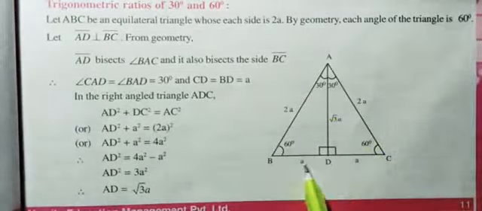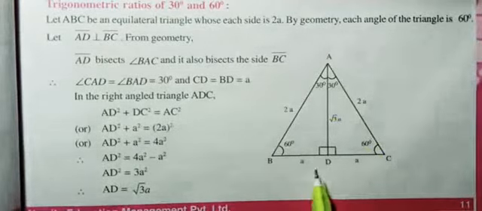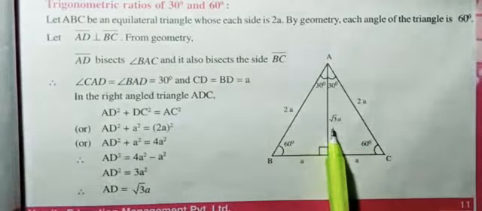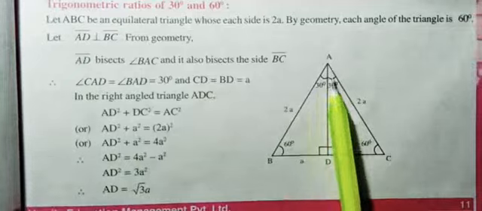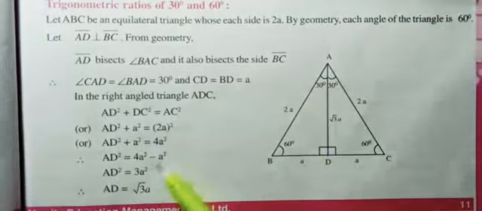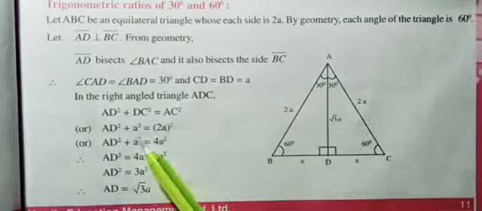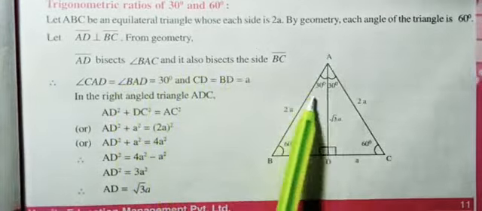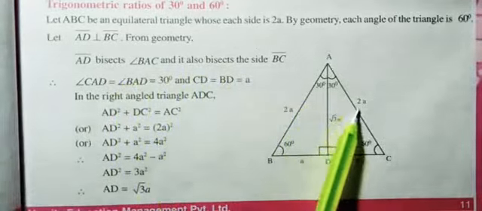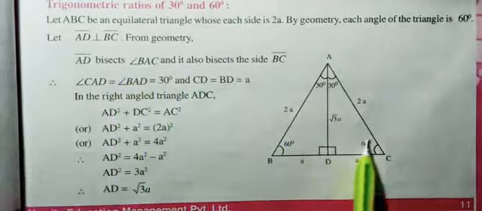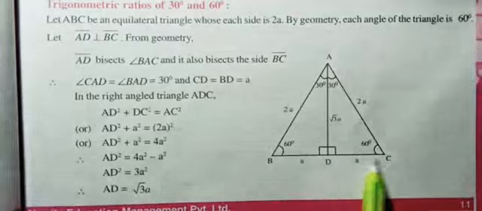Now from here this can be divided as A, and this is 2A, this is 2A. So if you compute this AD, the computation is given here. You can easily see from the calculation, read it together with this figure. So you can get AD is equal to root 3A.